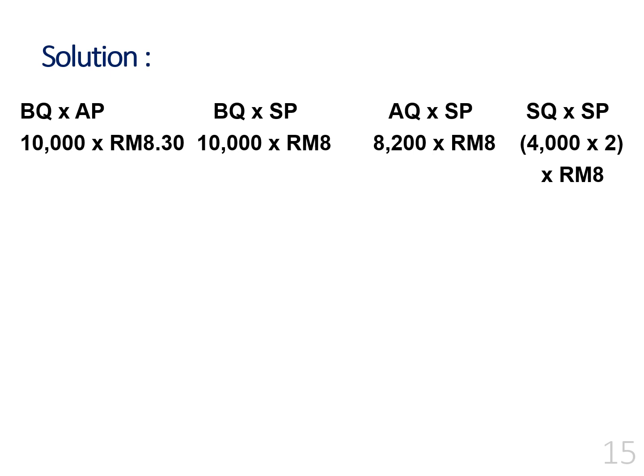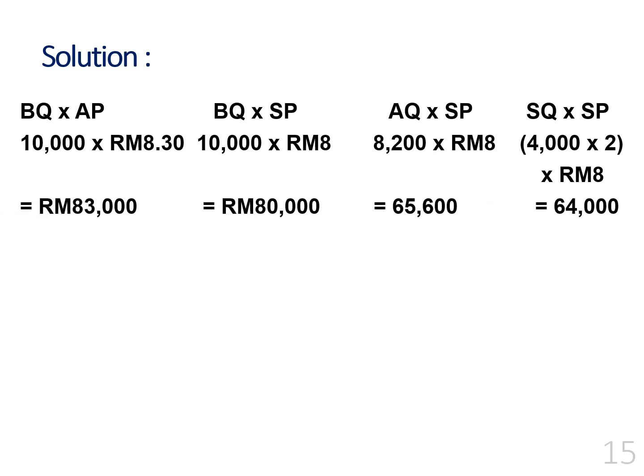BQ times SP equals 10,000 times 8 ringgit, while AQ times SP equals 8,200 times 8 ringgit, and SQ times SP equals 4,000 times 2 times 8 ringgit.